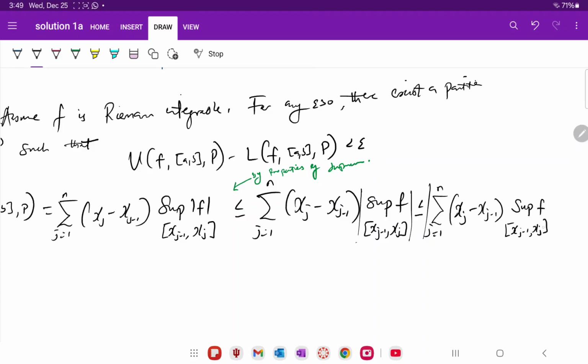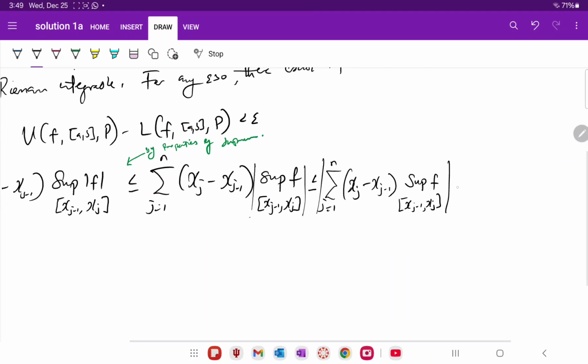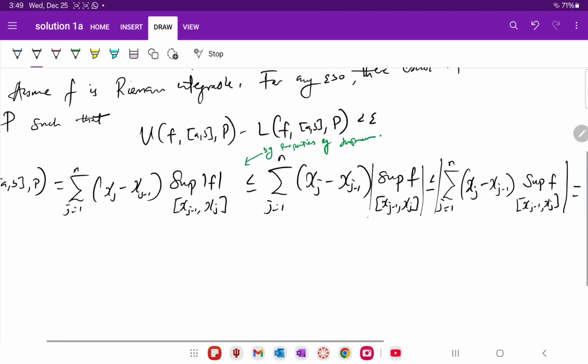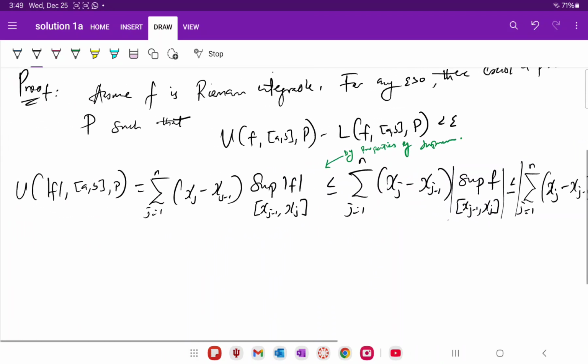So this is the modulus, and this is the same thing as the modulus of the upper Riemann sum. So we have that, sorry that it is so long.